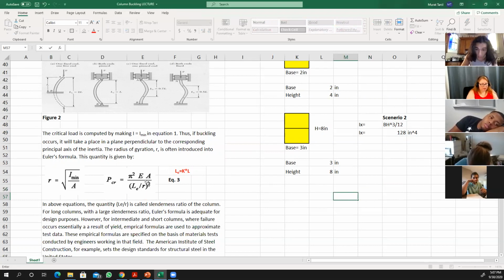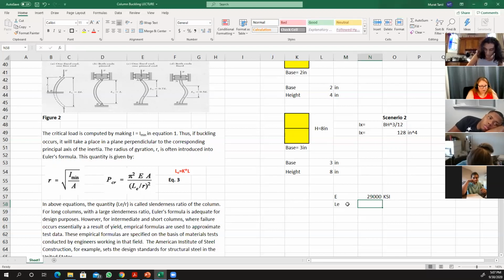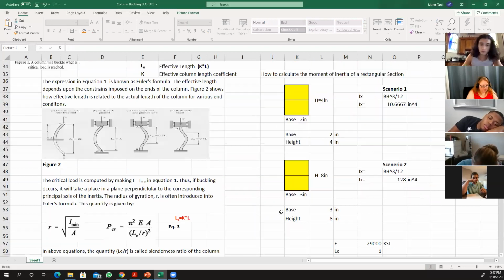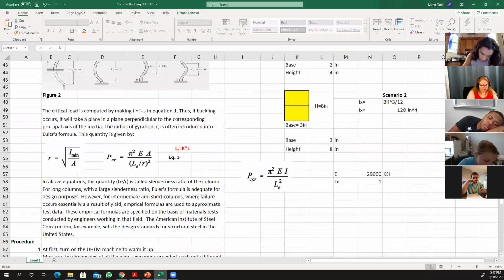Let's see. Pi for E, I'm going to keep it at 29,000 KSI. For LE, I'm going to keep it 1. This is the effective length factor, by the way. We're going to get into this in a second. You're looking at this equation right now, and I'm trying to maximize the P critical.